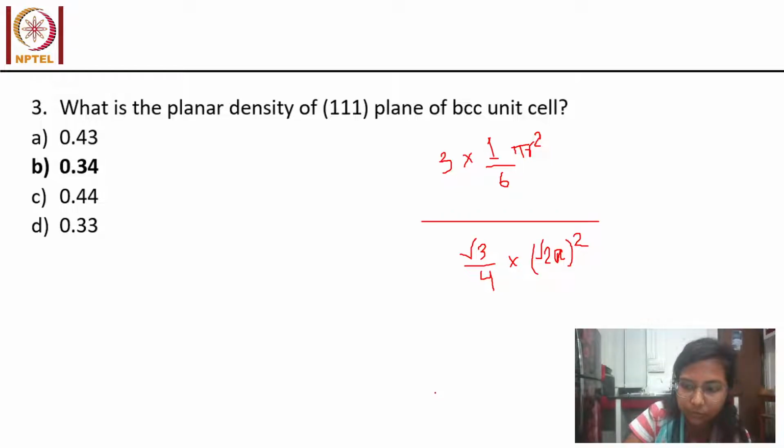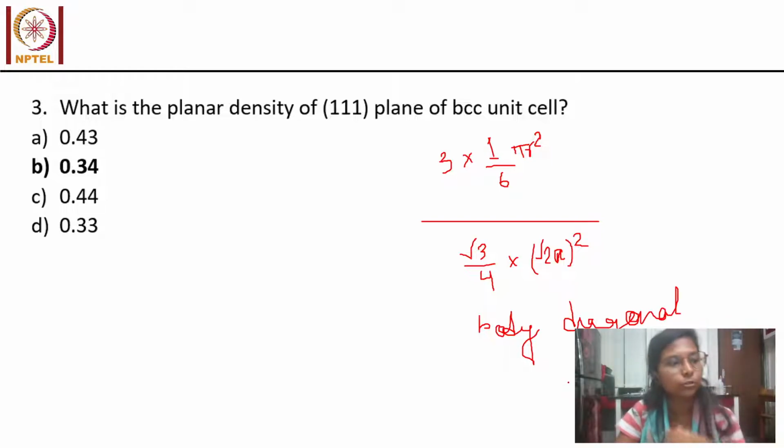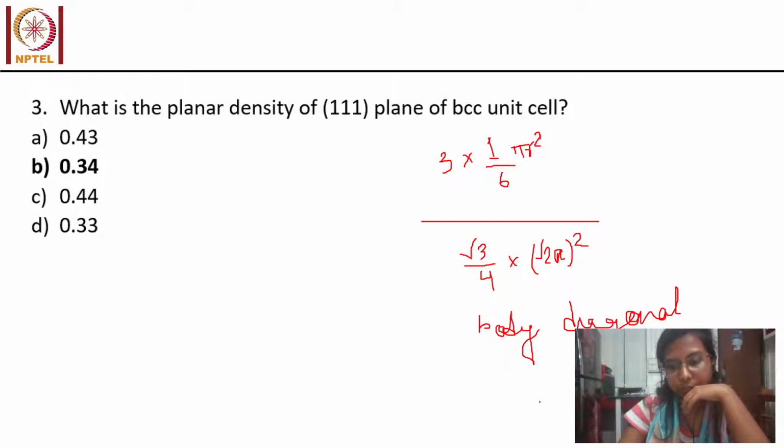So when we have a body diagonal, so for a body diagonal, 4r is equal to root 3 times a. Because this is very easy actually.